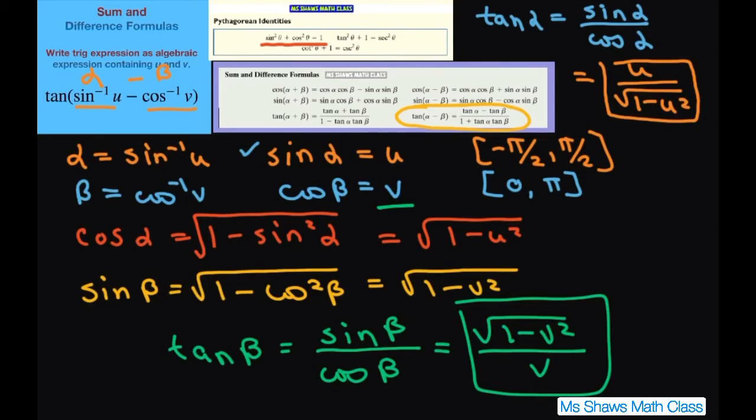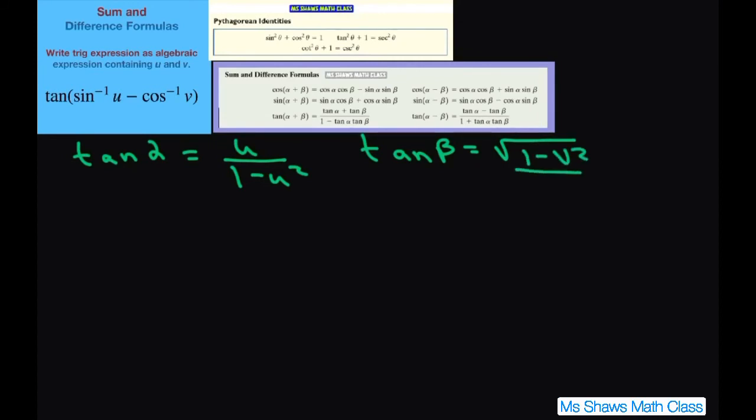Let's write that again. Tan of alpha was u divided by the square root of 1 minus u squared. Tan of beta was the square root of 1 minus v squared divided by v. Now let's use our formula for alpha minus beta, which is here.